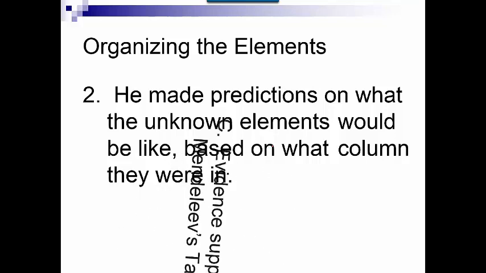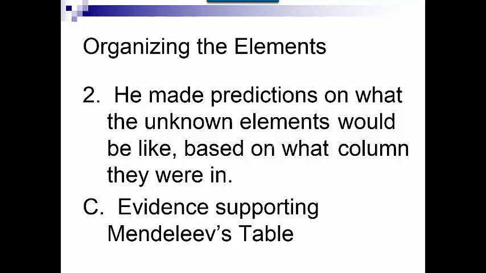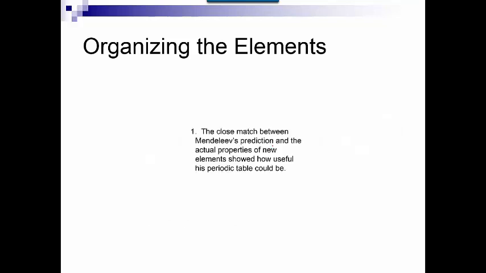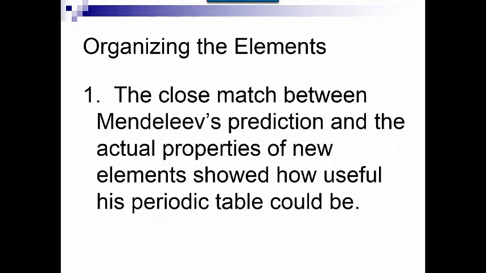And should his periodic table be well designed, then his predictions should come true. And as time went on and more elements were discovered, that's exactly what happened. There was a very close match between Mendeleev's predictions and the actual properties of the elements once they were discovered.